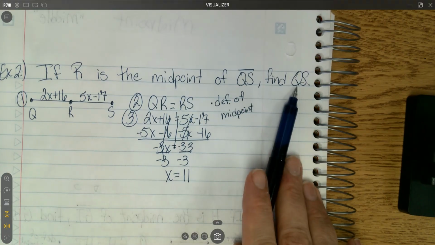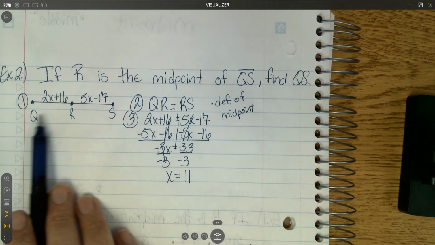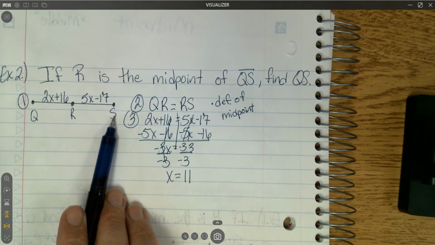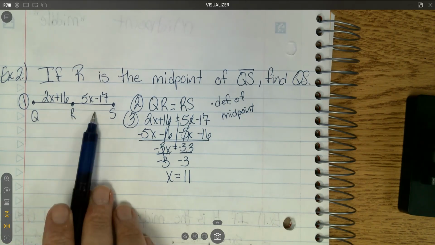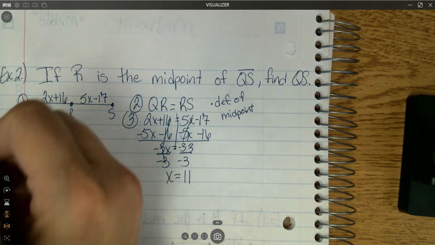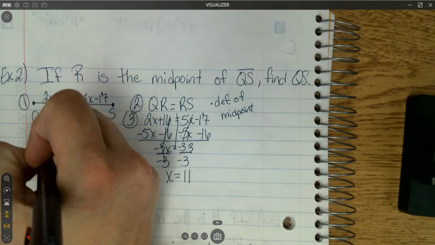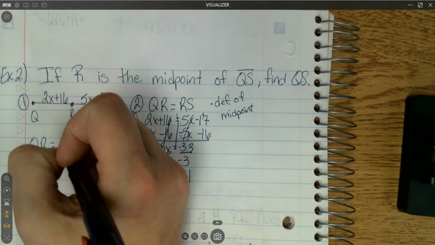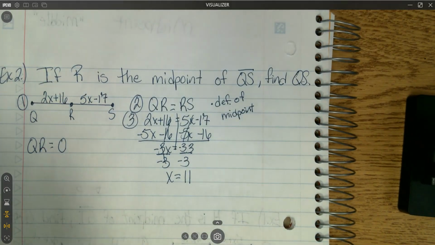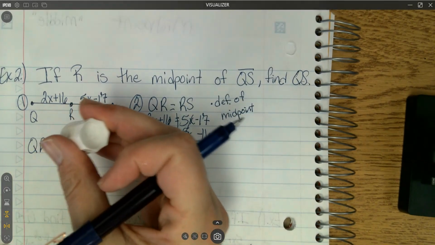So they're wanting QS. But what I noticed is QS is the entire thing. Okay, so what I can do is find each of these and then add those together. So here we go. I know that QR is equal to, whoops, no, I messed up. That should say QS. Oh, you know what? Ignore that. Let me redo it.